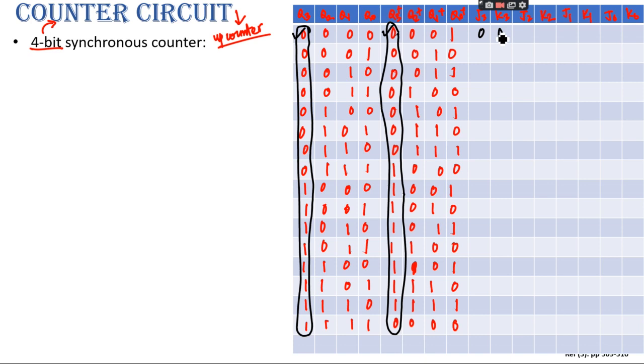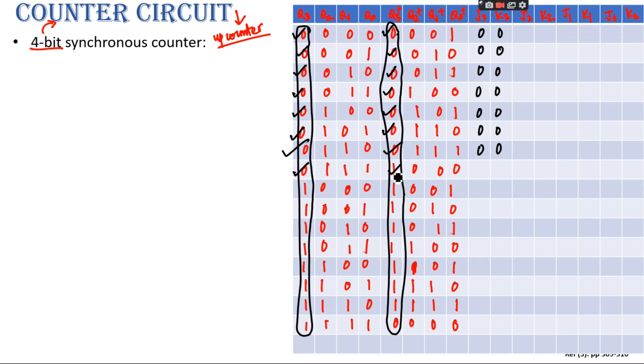So for no change it should be 0 0. Then 0 0 again no change, so it should be 0 0. Again no change, 0 0. This continues through the first eight states, each 0 0 meaning no change, so again 0 0.